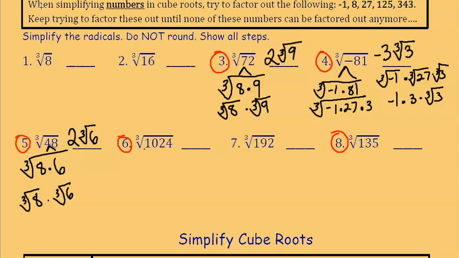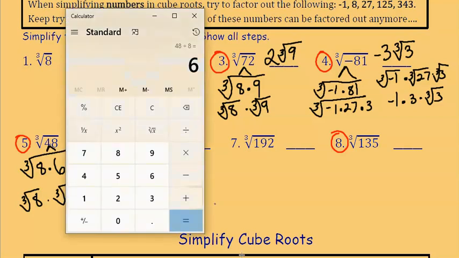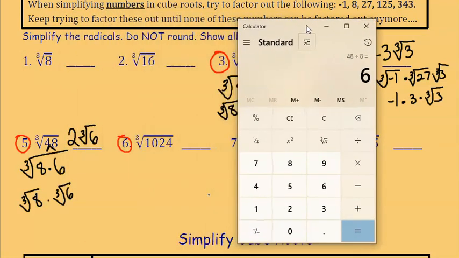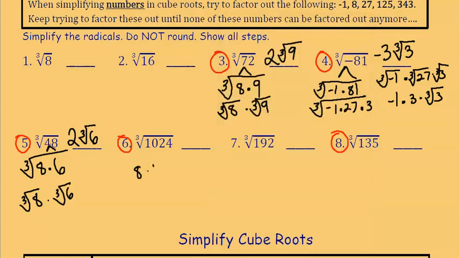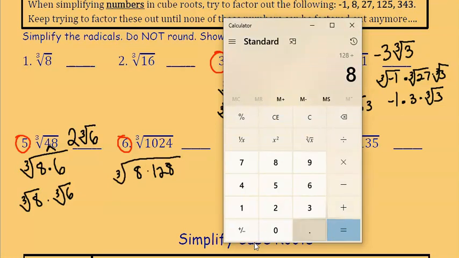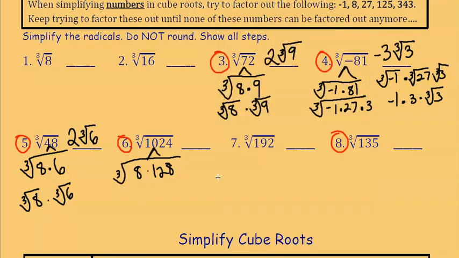On number 6, we have the cube root of 1024. So let's try to divide out 8 first. We have 128. Let's see if we can divide out another 8. We can, it's 16. We have 8 times 8 times 16.